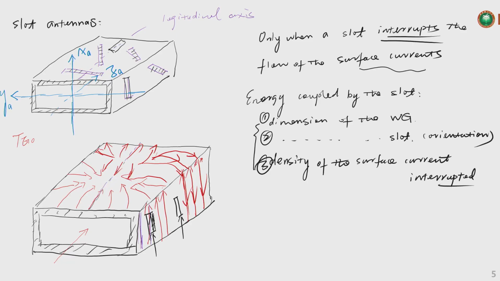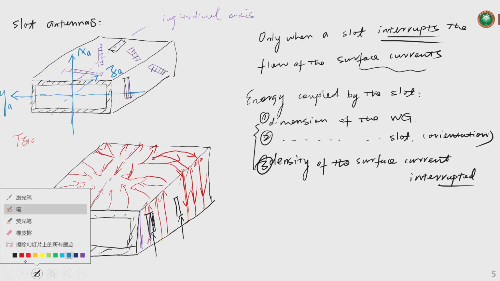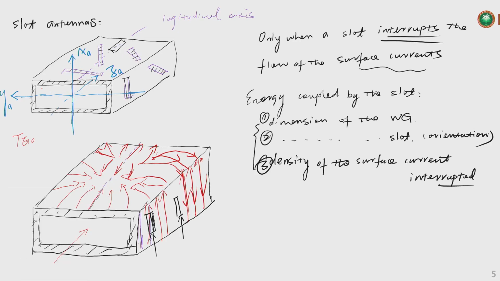So we set the aperture dimension of the input port. This is a. This is b.